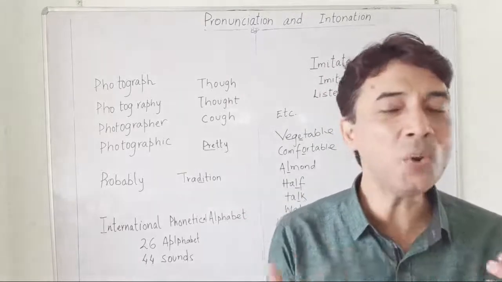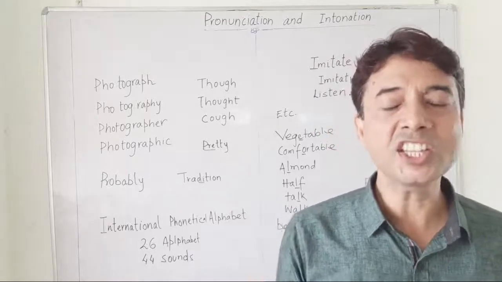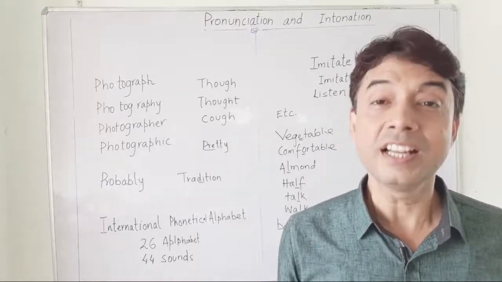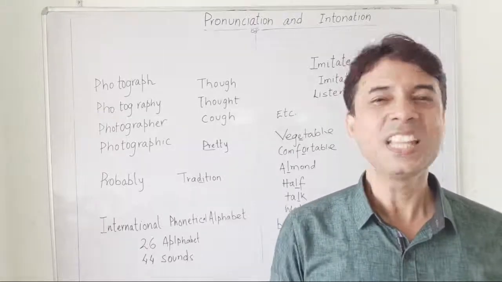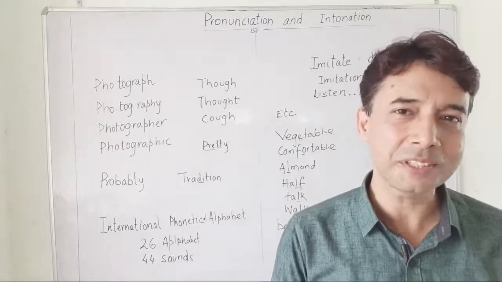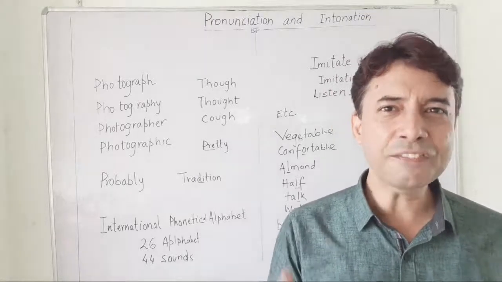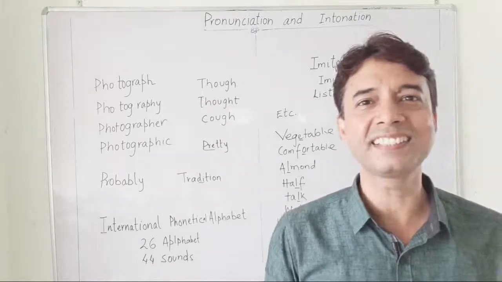So the sound is different. CH is sometimes "ka" and CH is sometimes "cha." So here is the confusion why speakers get confused, because there are 44 sounds and only 26 letters.